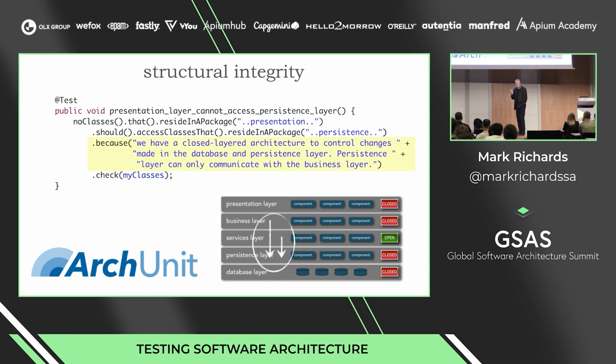This clause right here, which is so important to use, because in my experience, I can almost guarantee you any decision involving the structural integrity of our architectures and our systems will be violated. But sometimes the developer doesn't know why this test is failing. This tells that developer why it's failing.